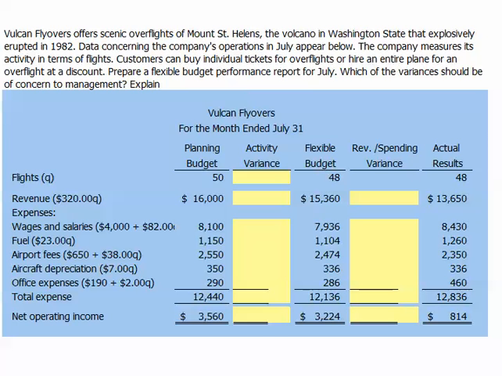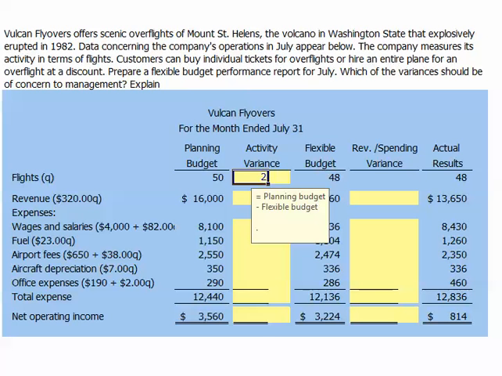We're given down below our planning budget, which was based on 50 expected flights, and our actual results, which were based on 48 flights, and our flexible budget, which was based on our actual level of activity of 48 flights. Let's go ahead and prepare our activity variances and our revenue and spending variances and interpret them.